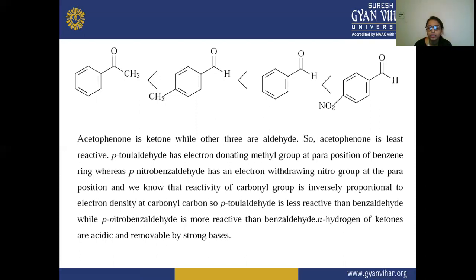The p-tolualdehyde has the CH3, that is the methyl group, present on the para position, and it has the capability to donate or release electrons, whereas the nitro group attached to the para position has a property to withdraw electrons.